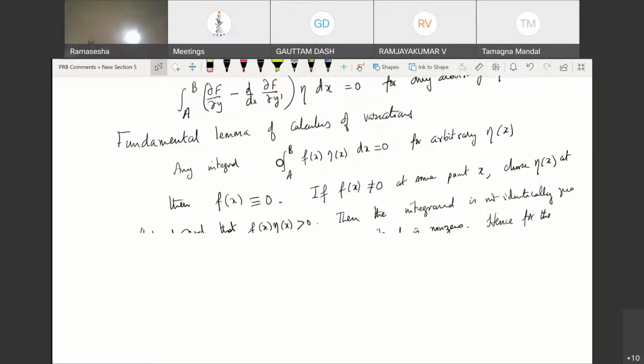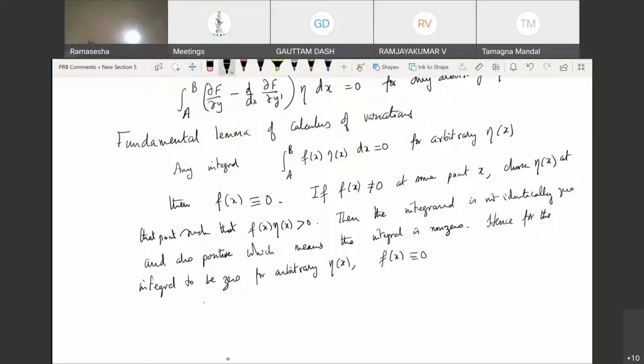So this implies that del f by del y minus d by dx of del f by del y prime is equal to 0, if the first variation in I must be 0.